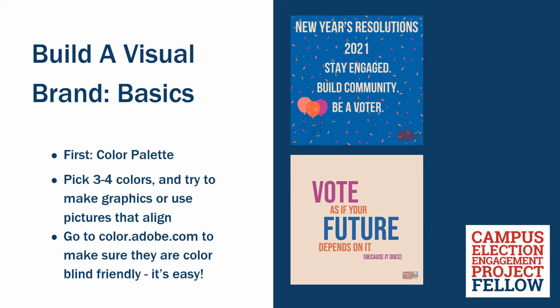Make sure that those fonts are clearly legible and that they stick out on the page and have a bold impact. And then depending on whether you work on campus or not, you may not have as many in-person photos. So try to get comfortable with graphics and reuse powerful photos from past years on your campus.